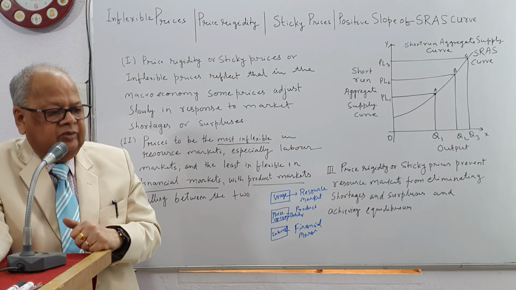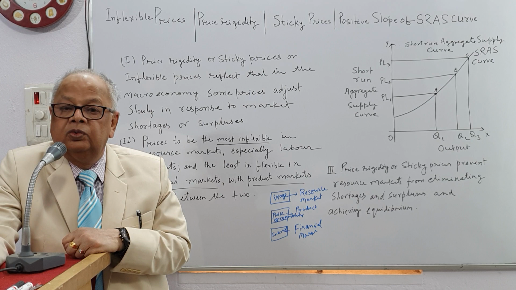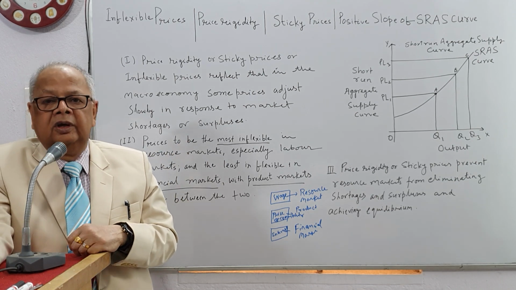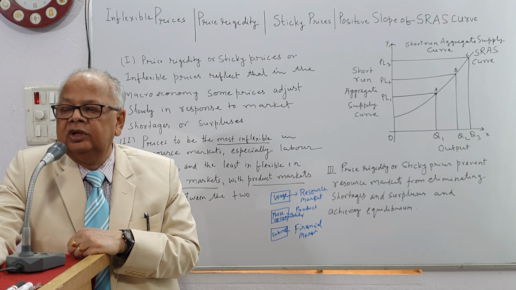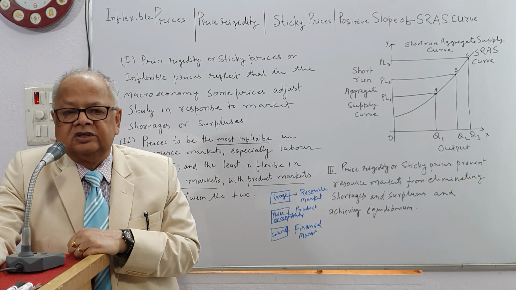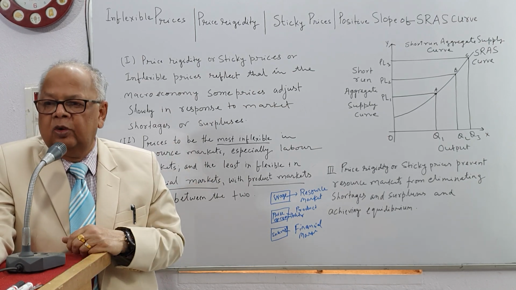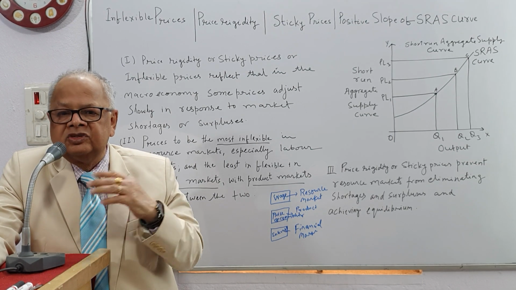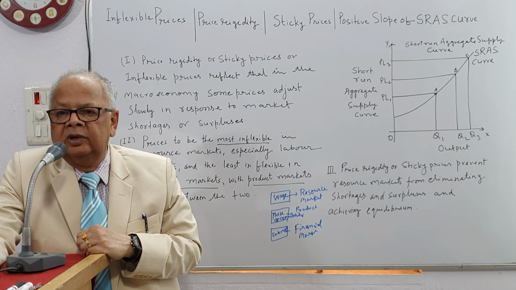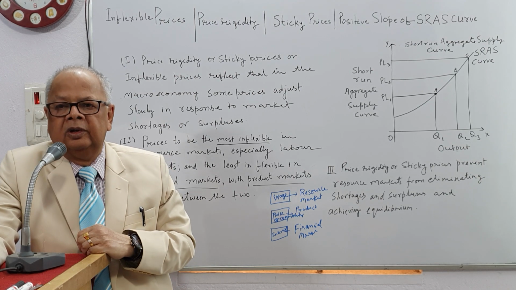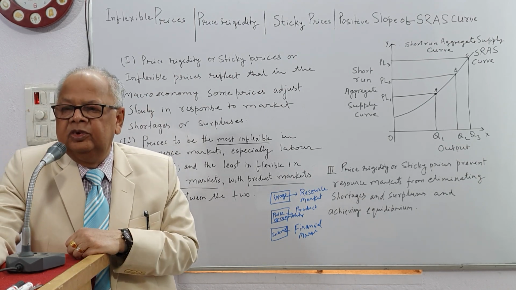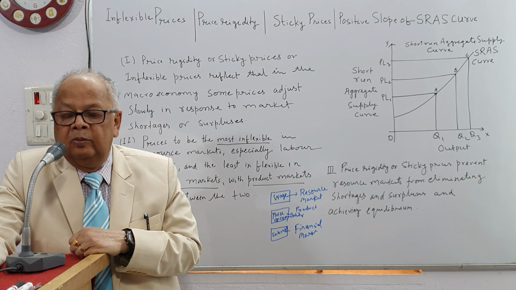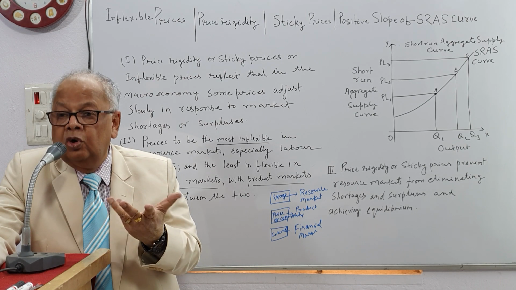In reality, when it was tested in 1929-32, 160 lakh people were retrenched from jobs in the USA, 60 lakh in Germany, and 30 lakh in the UK. Mass unemployment. GDP fell to the lowest possible level. But there was no automatic correction.